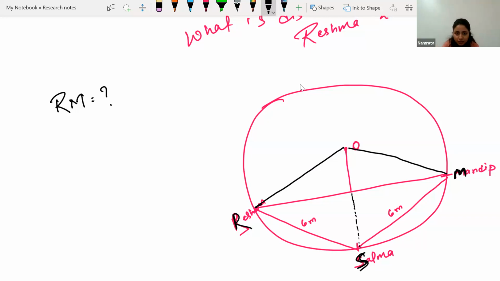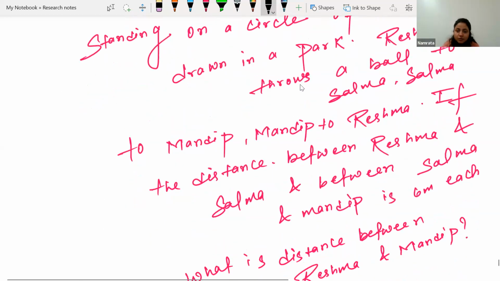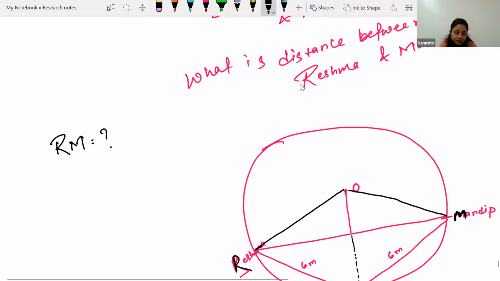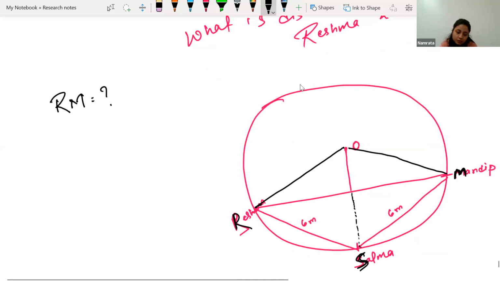Let me check whether we have drawn the figure properly according to the question. Both distances are given. Oh yes, the radius is given as 5 meter. This is the radius.